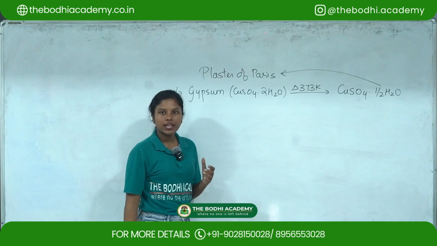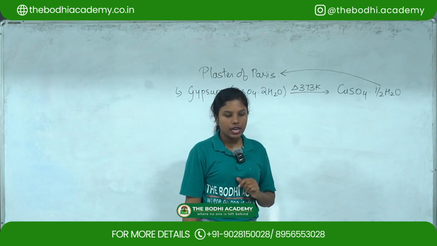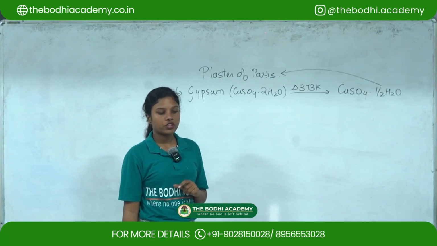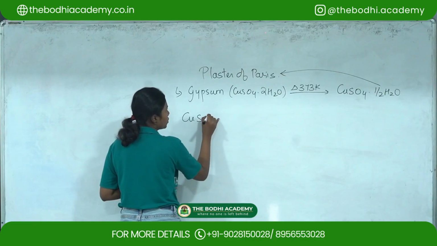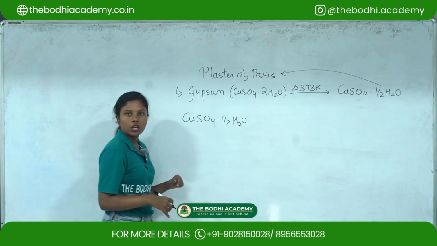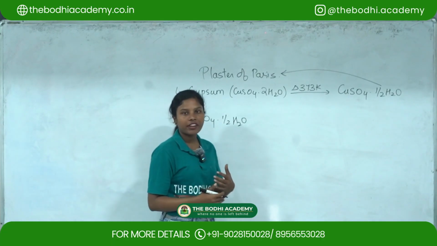The second question under this statement is, when this white mass is mixed with water, a hard solid mass is obtained. Write a balanced chemical equation for the change. So when we take this CuSO4.1/2H2O, that is our plaster of Paris, and mix some water into it, it solidifies and we put it onto the fractured area.